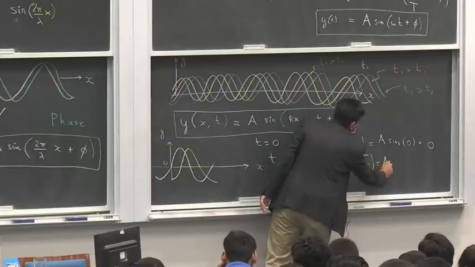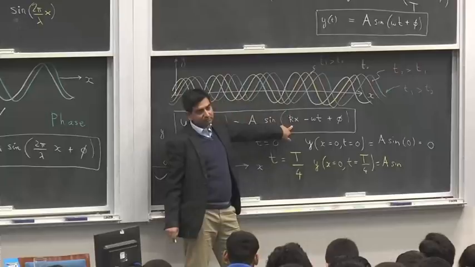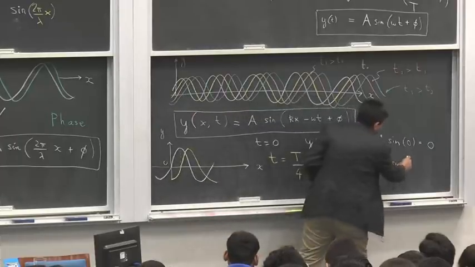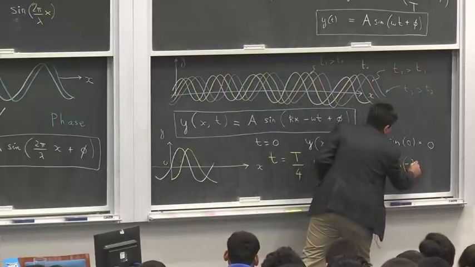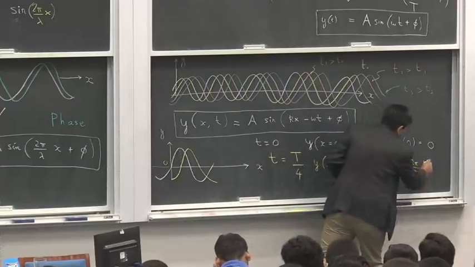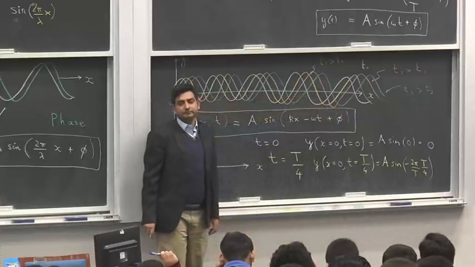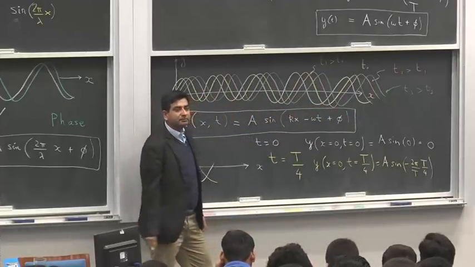Still at x equals 0, but after a certain lapse of time, this becomes a sine of, now here I still have 0, minus 2 pi over capital T, times small t, which is now T over 4.